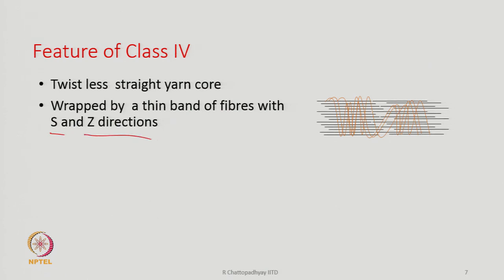Sometimes it is S wrapped, sometimes it is Z wrapped. So, this part, if we see, is wrapped fibers in one direction, and there the same fibers are wrapping in the other direction. So, these kinds of segments can also be seen, and we can call them class 4 type of structure.